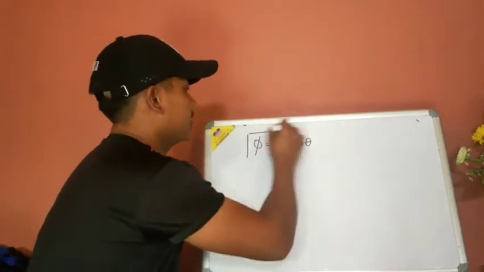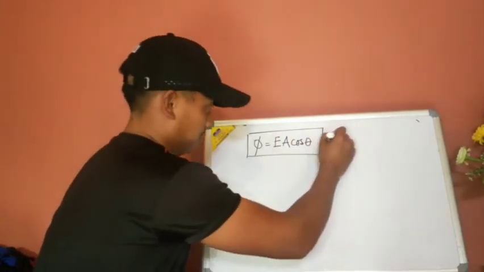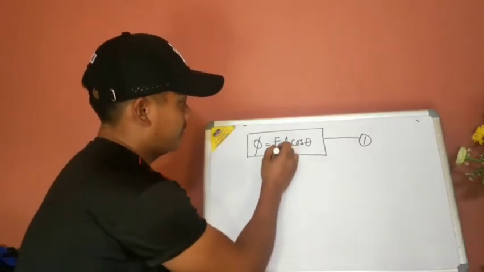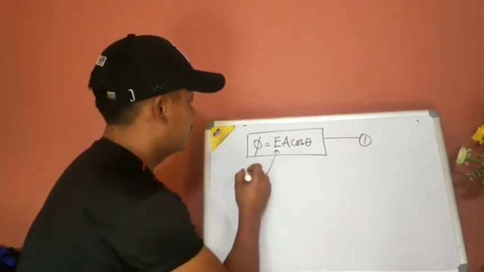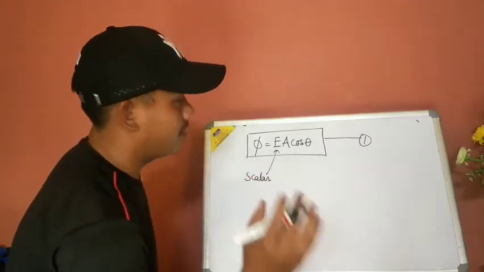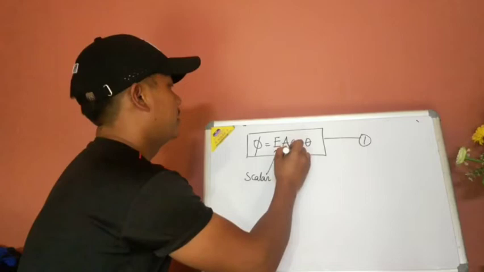Let us think over here whether it should be vector or scalar. E is a vector symbol. This is a scalar quantity which has only magnitude but no direction.